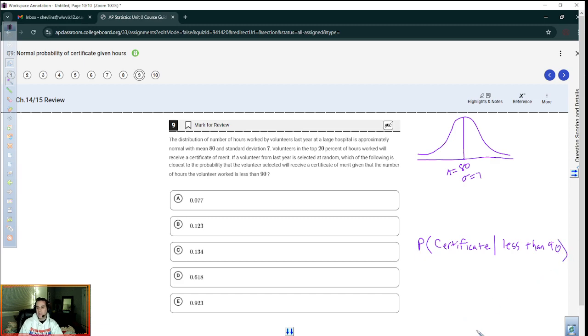That is what they want you to calculate, which means you need to figure out first the probability that someone worked less than 90 hours. The given has to be done first. So that is your review. Go to your calculator, normal CDF.